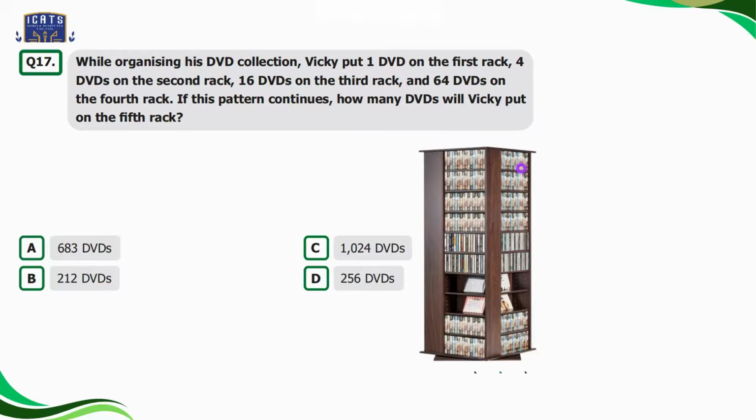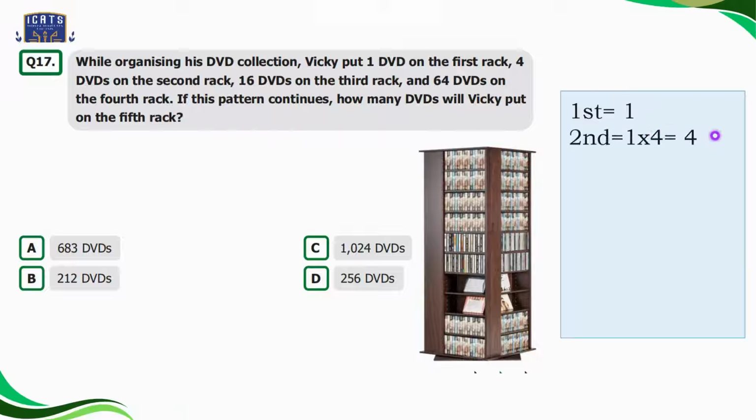So here we can see that he has kept 1 DVD on the first rack, and if we multiply 1 by 4, the answer will be 4, which is equal to the number of DVDs which he has kept on the second rack. Similarly, if we multiply this 4 by 4, we will get 16, that is equal to the number of DVDs which he has kept on the third rack.